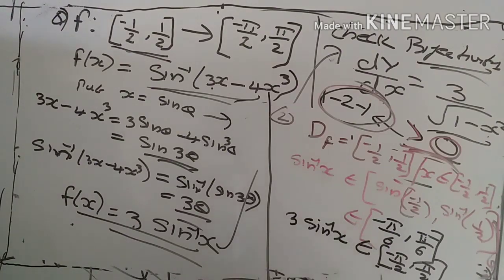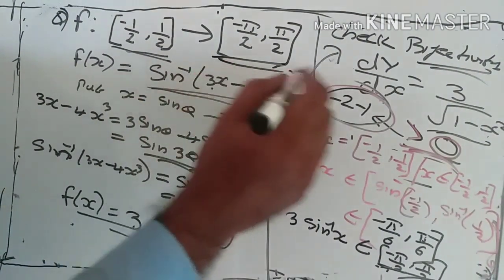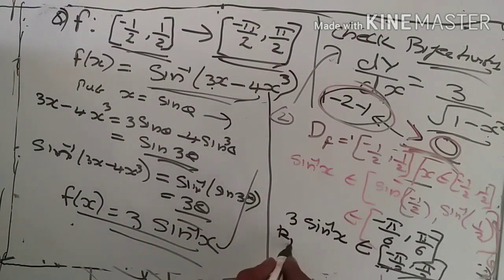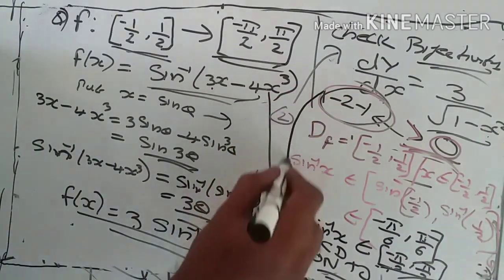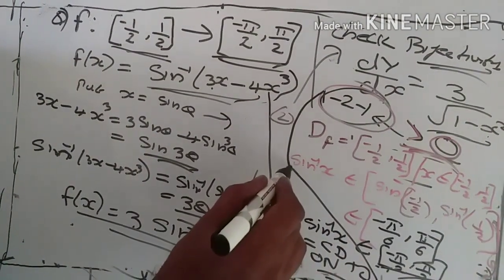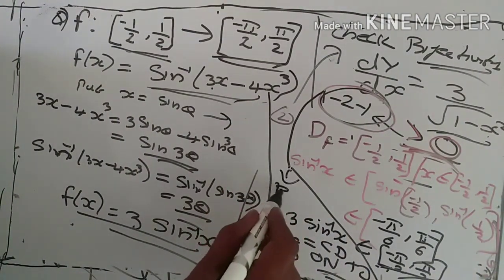This is the range of the function. Range of the function is equal to the codomain. Function is onto. Both 1 to 1 and onto implies bijective.